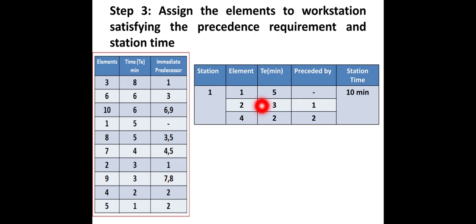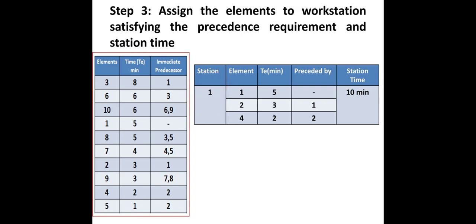So 5 plus 3 is 8, plus 2 gives you 10 minutes, which is equal to the cycle time. So we have provision to assign that. Element 4 has an element time of 2 and is preceded by 2, so it can be assigned. The total time will be 10 minutes, which is equal to the cycle time given in the problem. Since it is equal to the cycle time, no further elements can be assigned to station number 1.